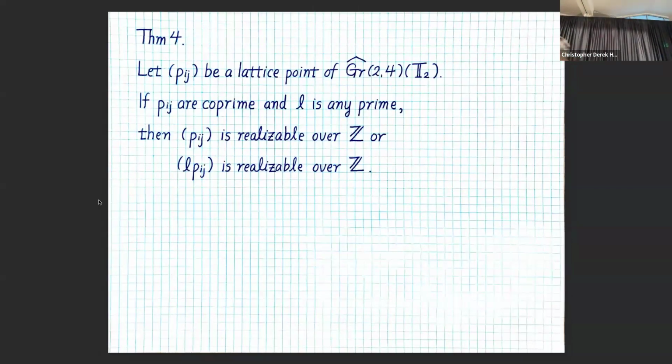Okay. So this is the statement that explains the 1, 1, 1, 1, 1, 3 example.